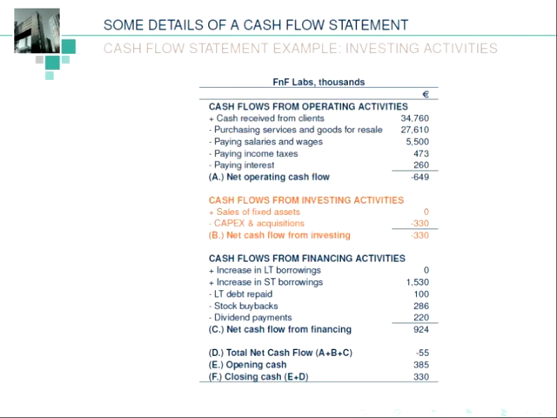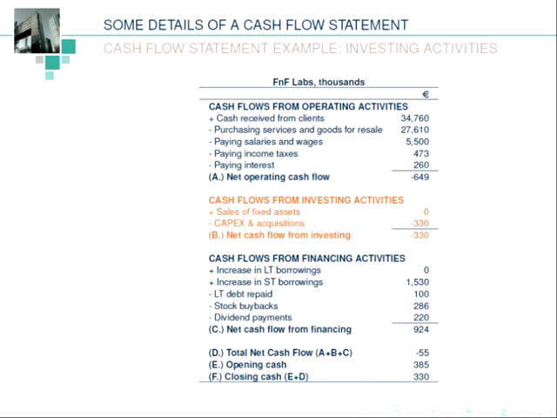In the investment activities category, cash inflows would typically arise if we sell off some fixed asset. So if a firm sells off a machine or a building, or maybe even a subsidiary. The cash outflows would typically arise if the firm would commit to new investments.